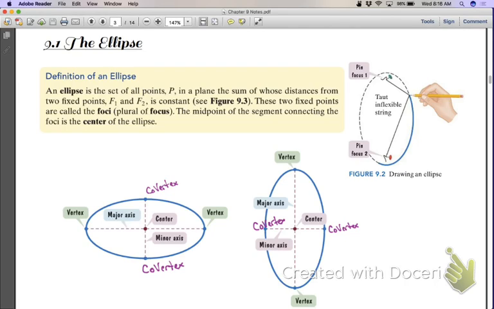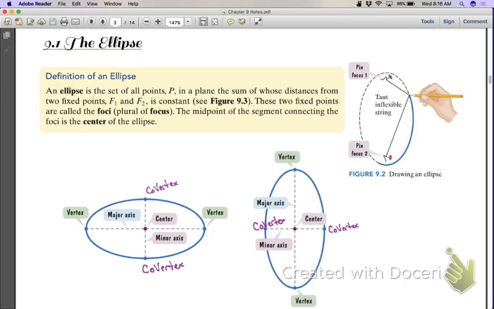Your covertex always goes with the short side, the side that's closer to the center. Same way with your major and minor axis. Your major axis is always your long side. Your minor axis is always your short side, regardless of whether it's horizontal or vertical.